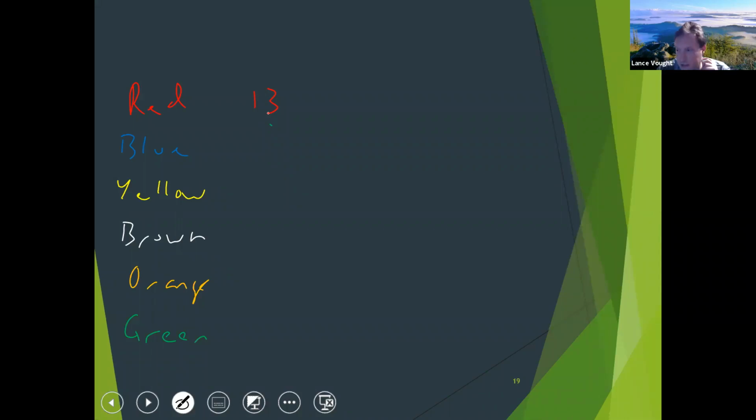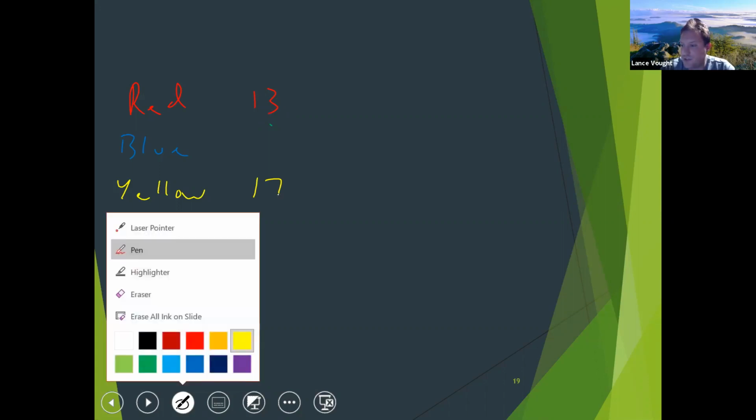I'll jump to yellow next because it's the closest one. 2, 4, 7, 10, 13, 15, 17 yellows. Oranges, 2, 4, 6, 8, 10, 12, 14, 16, 18, 21 orange.